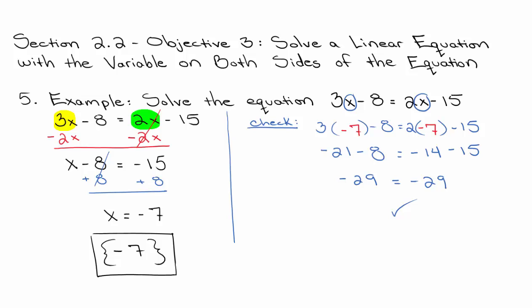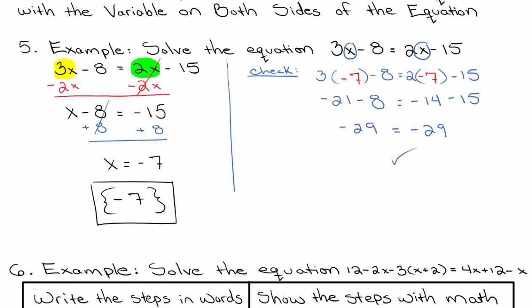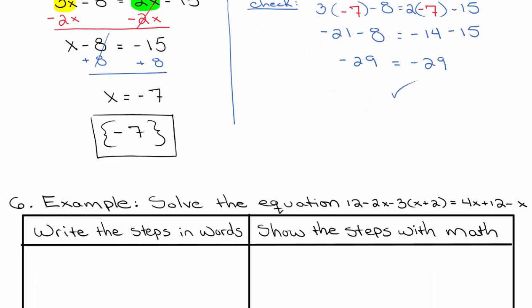All right, let's solve another problem here. We're going to solve the equation 12 minus 2x minus 3 times the quantity x plus 2 equals 4x plus 12 minus x.